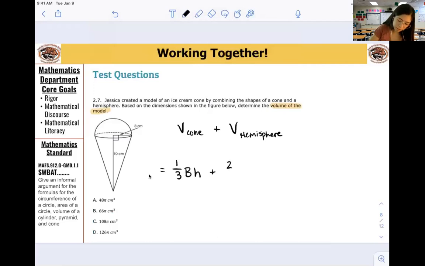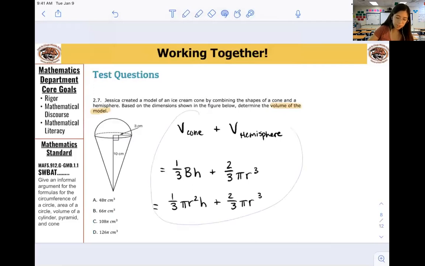Two-thirds, good. 2/3 pi r cubed, because a sphere is 4/3, so a hemisphere is going to be 2/3. And the base of my cone is a circle. So this is 1/3 pi r squared h plus 2/3 pi r cubed. Pretty simple. We're just going to plug everything in.